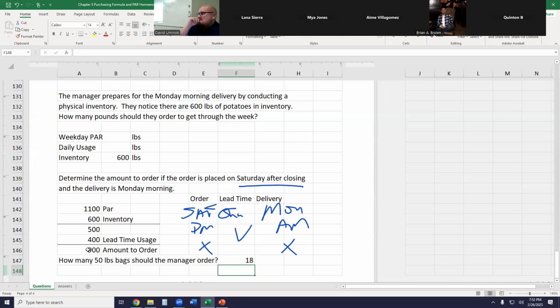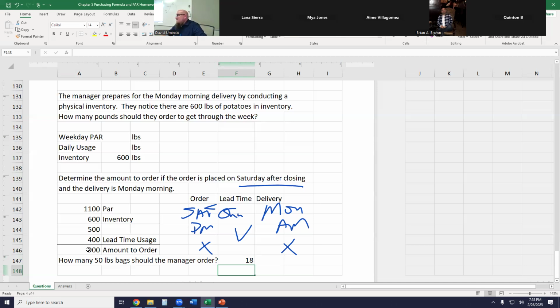But you need to understand what those numbers mean. Because you may say, oh yeah, this is my amount of inventory I have. The computer tells me I need to order 18 bags. I need to order 900 pounds of potatoes.